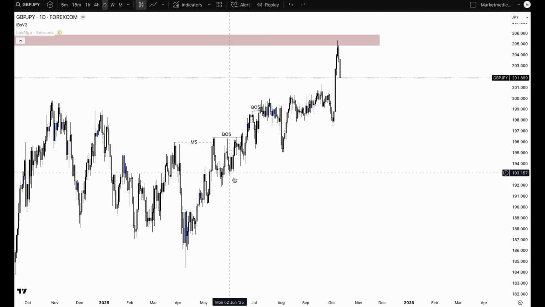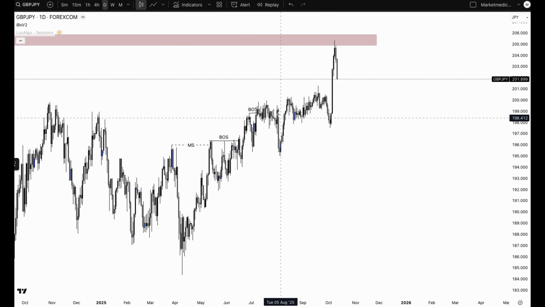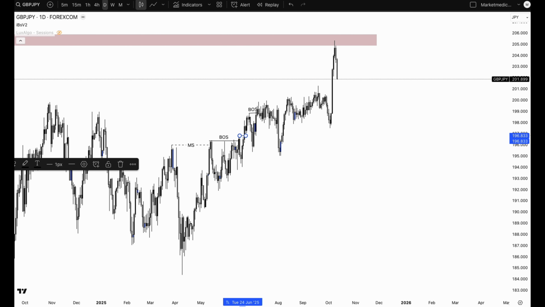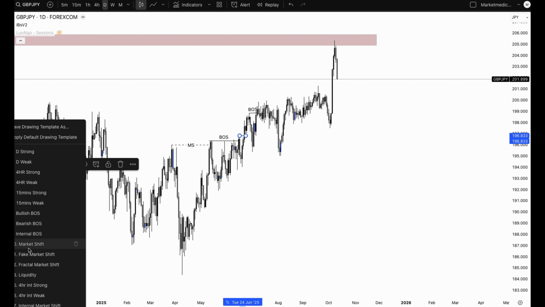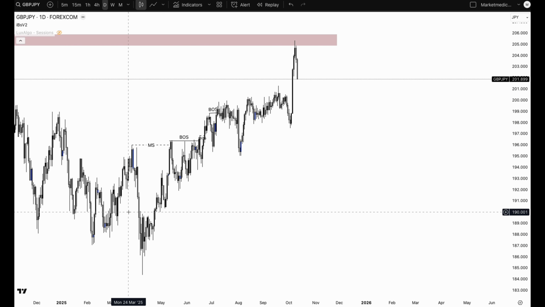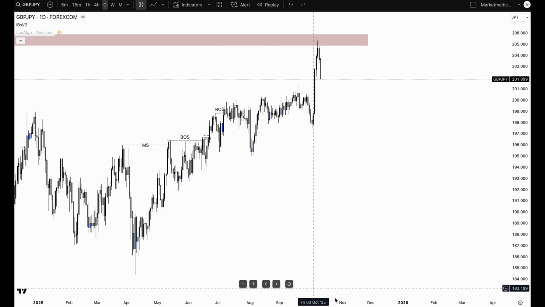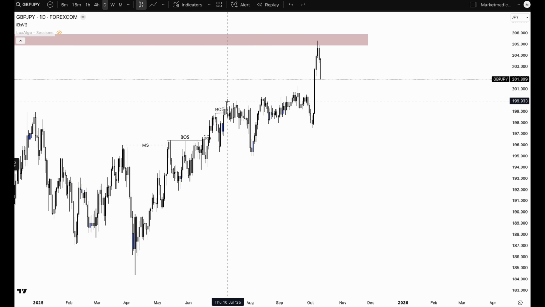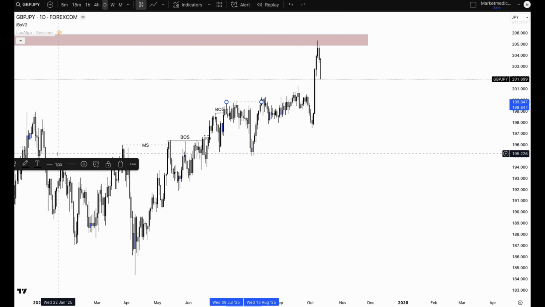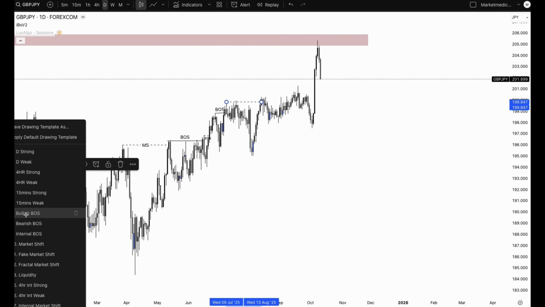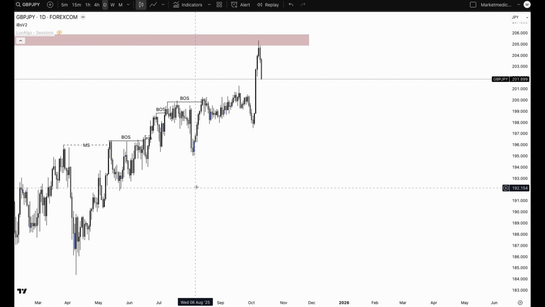Bullish break of structure. Then we have here an internal break of structure. Then we go again, break of structure. Then it continues.